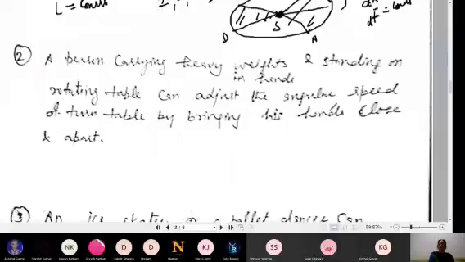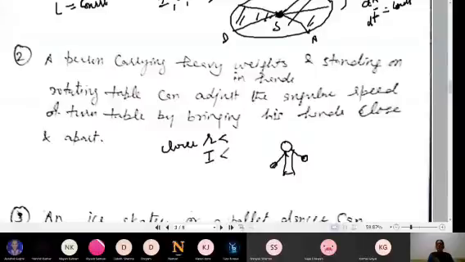Similarly, take a person who is carrying weights in his hands. When the person is bringing the hands closer or moving the hands apart: when bringing them closer, R is less. R is less means I is less, because I equals mr square, so omega will be more. So he can change his angular speed by simply changing the position of the hands.